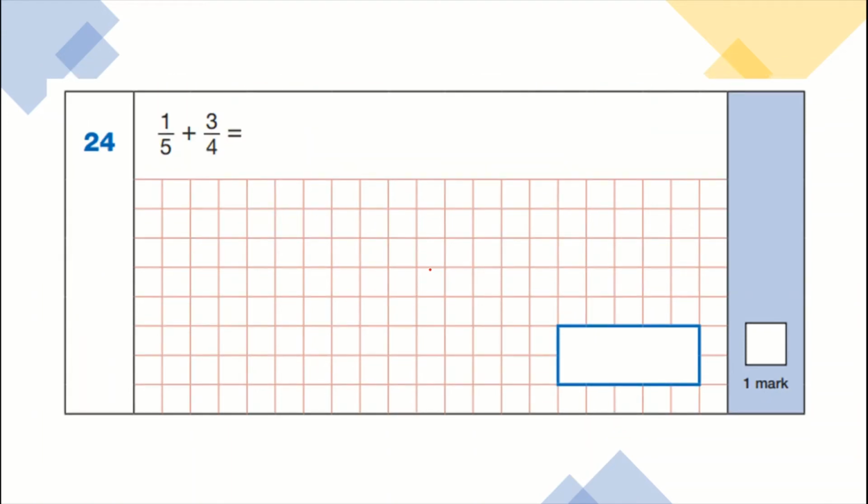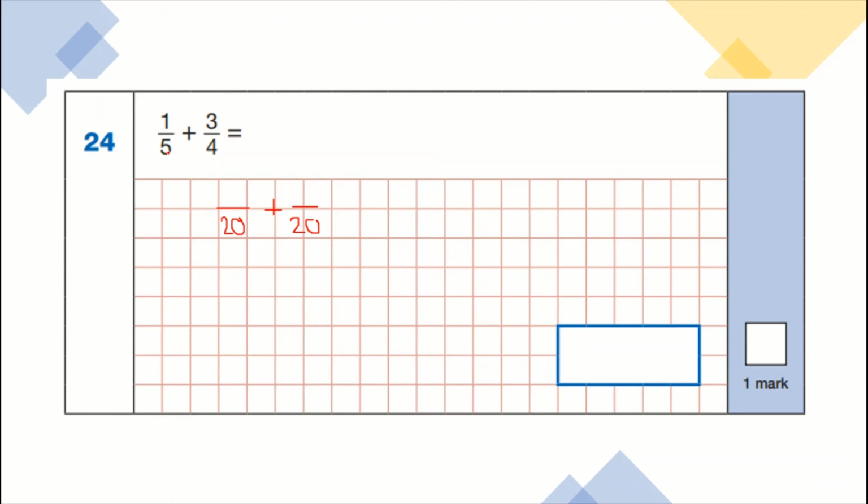Another fraction question. Now this time the denominator, or the bottom number, isn't the same number, so we need to make that the same. They both have a common multiple of 20, so if we use 20 for our bottom number, like so. 4 times 5 is 20, so we've times it by 4.